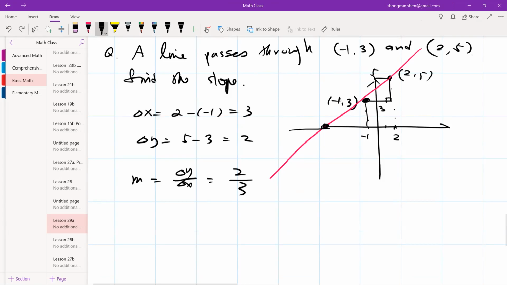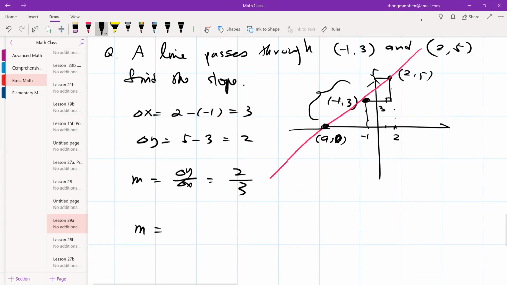How to find this point? So let's call it (a, 0), right? This point is (a, 0). So what is a? We use the slope: you can calculate the slope using this pair of points.